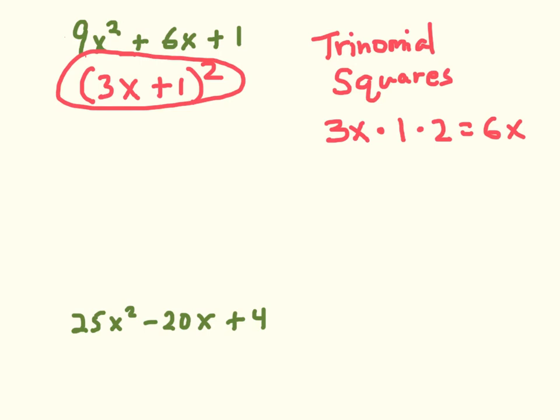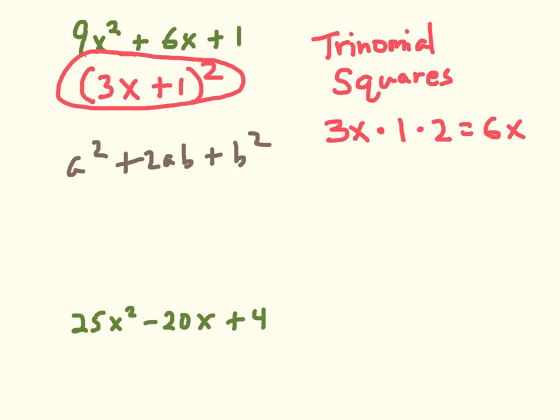Because remember, this would follow the a squared plus 2ab plus b squared rule. So if you squared 3x plus 1, you would get this, so you know you've got it right.